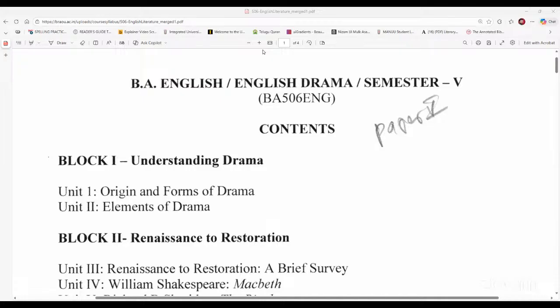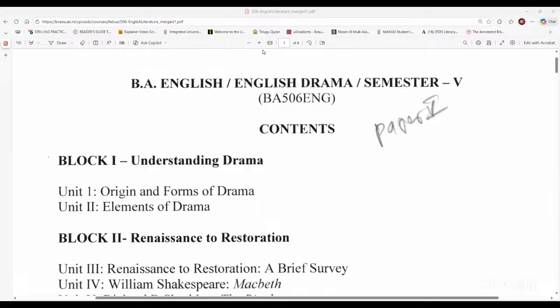It shows how incidents are logically and causally connected. So in the arrangement of different events in a story, there has to be some logical connection. And there has to be a cause and effect kind of relation between events. So this structuring logically and causally is nothing but plot.